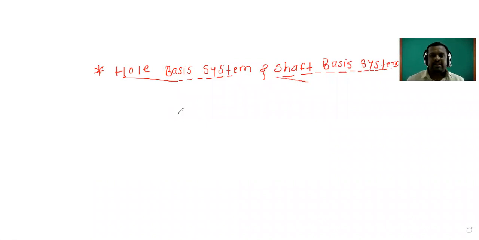One by one we will take it here and then we will differentiate it. First I will take the hole basis system.